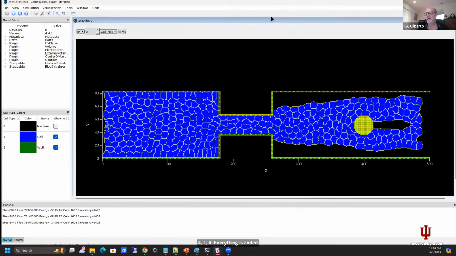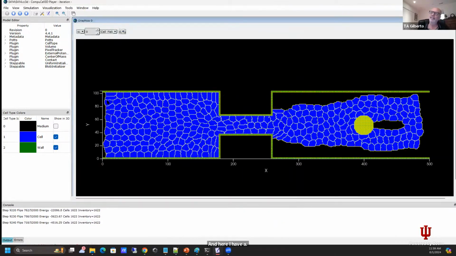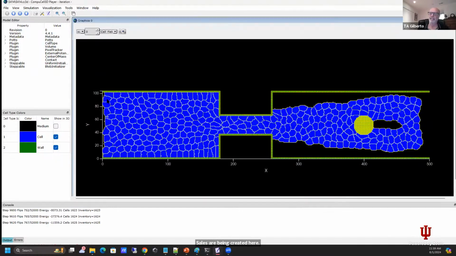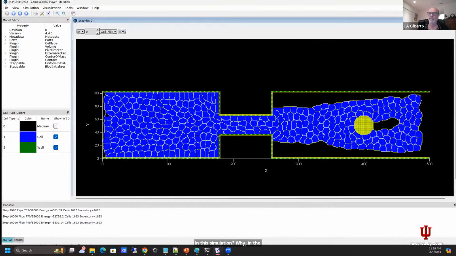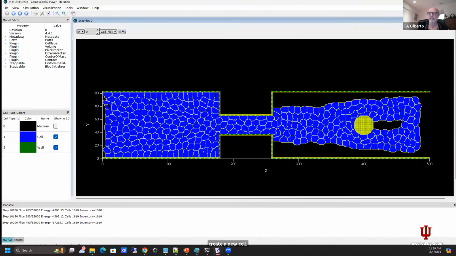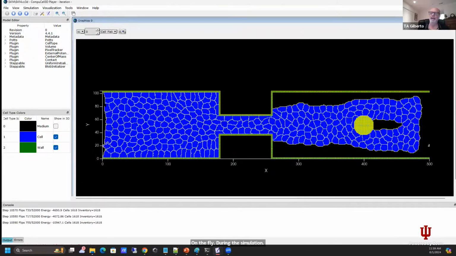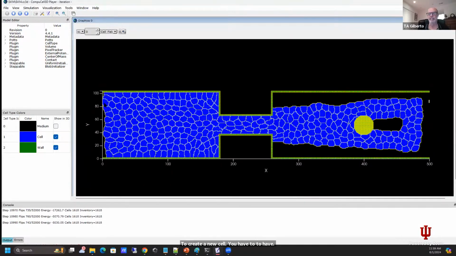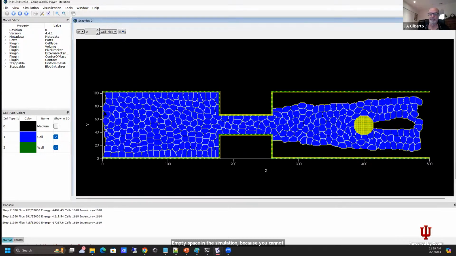And here I have cells being created. In the code, I tell you how to create a new cell on the fly during the simulation. To create a new cell, you have to have empty space in the simulation because you cannot create a cell where a previous cell exists.